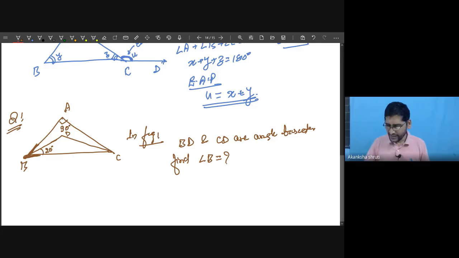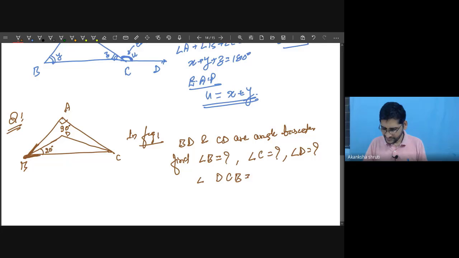This entire. Angle C. Angle D. Angle D, C, B. These are the things. So student, how can we calculate?